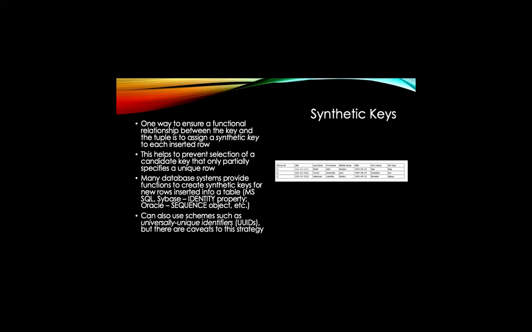So database systems very early on came up with a concept of creating and generating synthetic keys for new rows inserted into tables. Sybase and later on Microsoft SQL Server came up with the identity property, which basically allows you to assign that property to a key value, and it consistently adds 1 or 100 or 50 or whatever the step value is that you create.